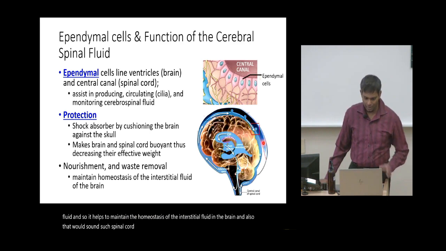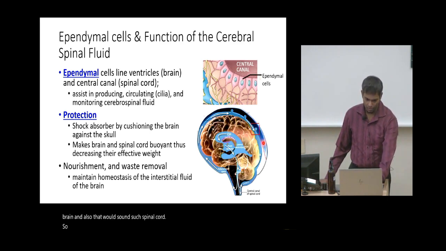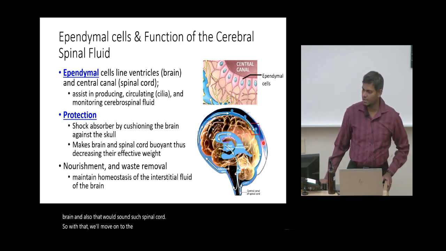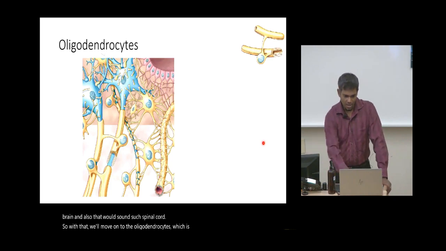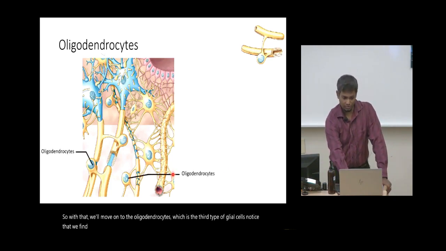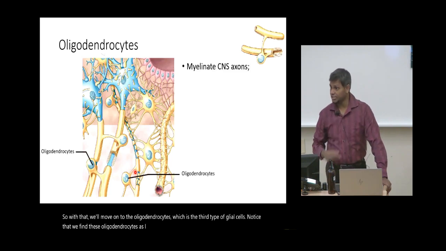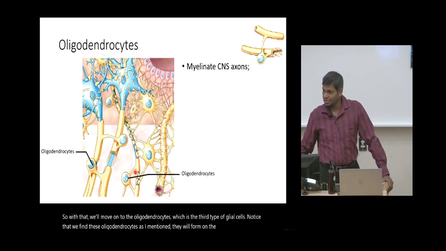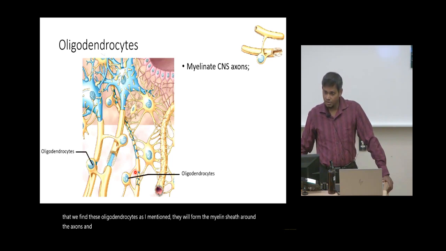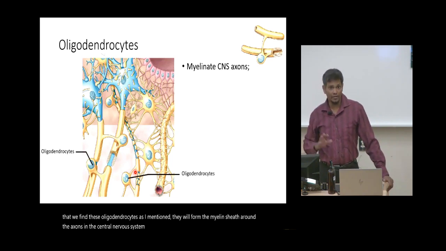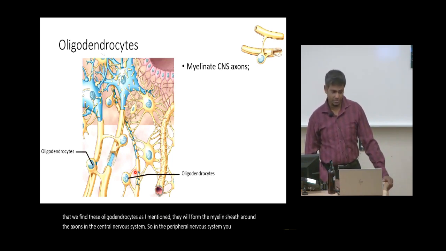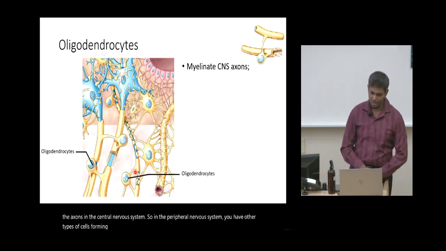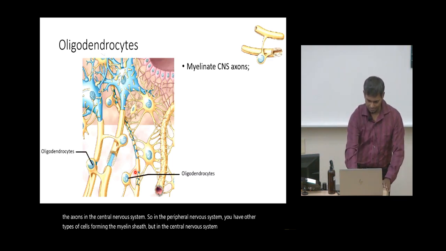So with that, we'll move on to the oligodendrocytes, which are the third type of glial cells. Notice that, as I mentioned, these oligodendrocytes form the myelin sheath around the axons in the central nervous system. In the peripheral nervous system, you have other types of cells forming the myelin sheath, but in the central nervous system, it's the oligodendrocytes.